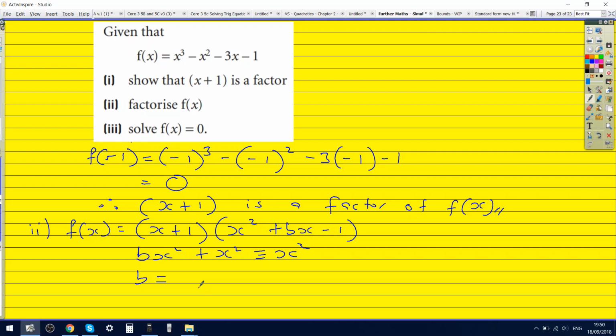Is minus 1x squared plus x squared equal to x squared? Looks like b would be 0. Yeah, b is 0. Would that just mean there's no x squared value? Oh no, it would just be x squared in the middle.